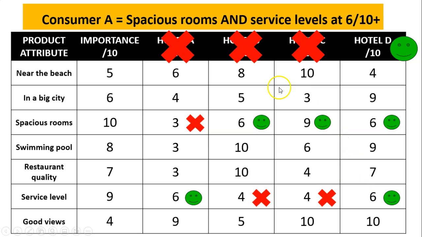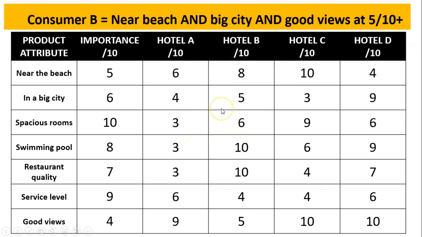And that gives us our choice of Hotel D. Now this happens because we are looking for "and." So every attribute that we're interested in must have a smiley face or be perceived as acceptable. Anytime there's a cross using the conjunctive rule, it's immediately ruled out as a possibility.